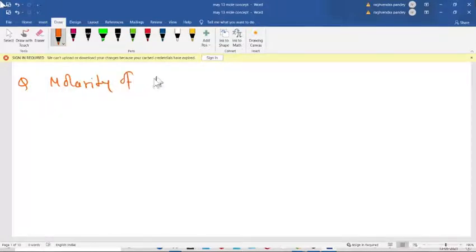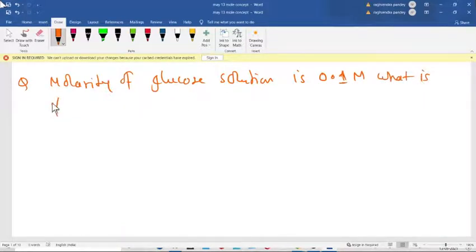The molarity of glucose solution is 0.1 molar. What is the percentage weight by volume?